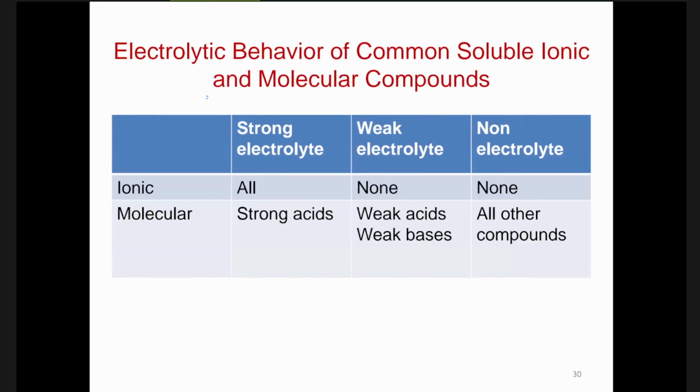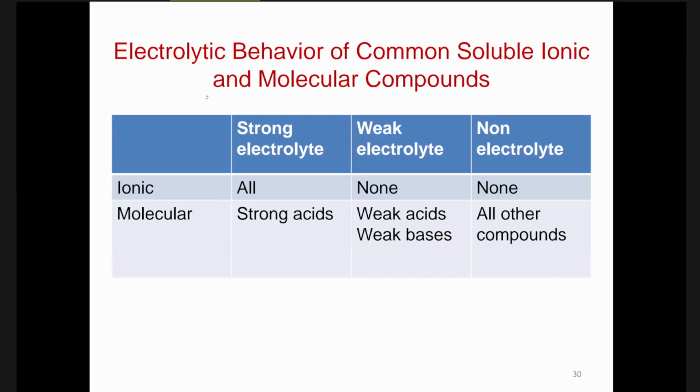Here, this one is a table showing the electrolytic behavior of common soluble ionic and molecular compounds. So when you have an ionic compound, it becomes a strong electrolyte. You will not have any ionic compound which is a weak electrolyte or non-electrolyte. If you have a molecular compound, that means inside you have covalent bonds.